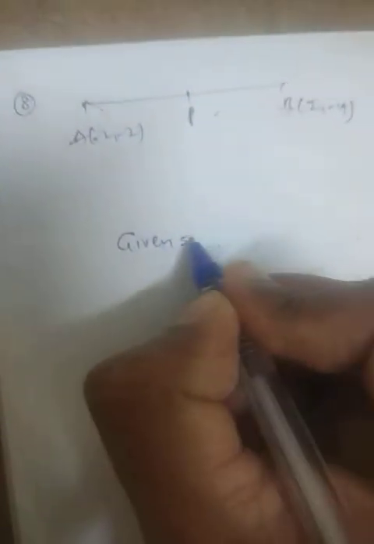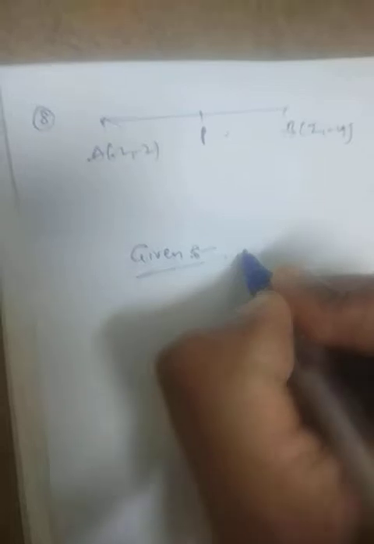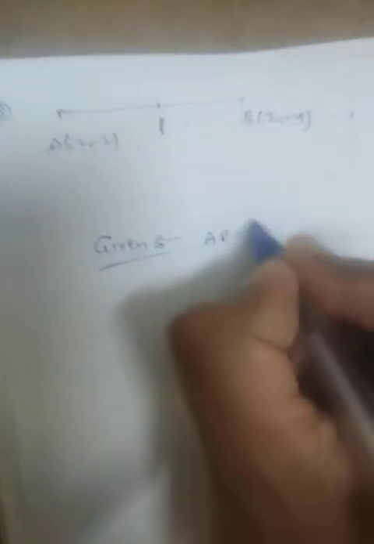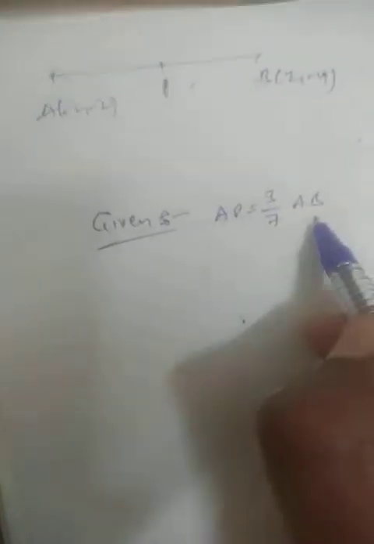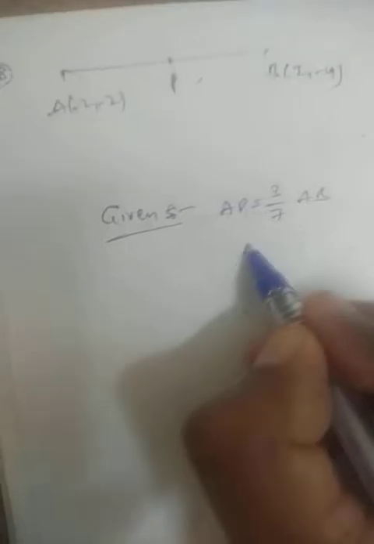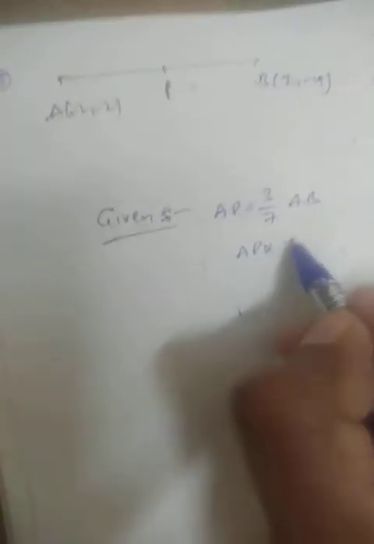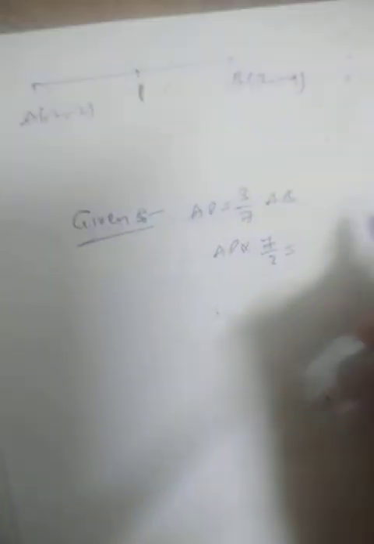What is the given condition? AP is equal to 3/7 of AB. Send AP this side and send 3/7 this side. First send 3/7 this side: what will it become? 7/3, the reciprocal. This will be AB. This is a very important condition.